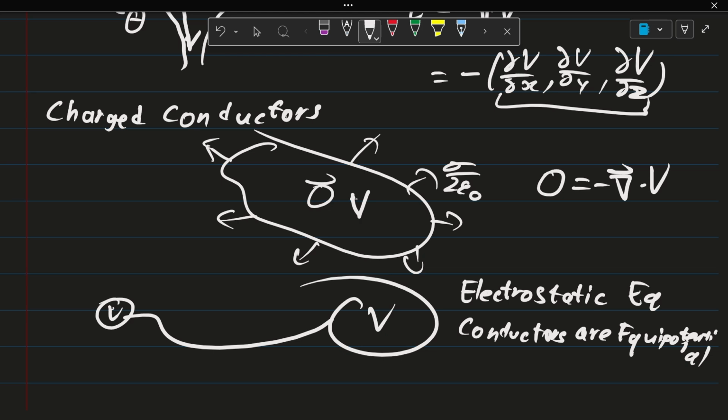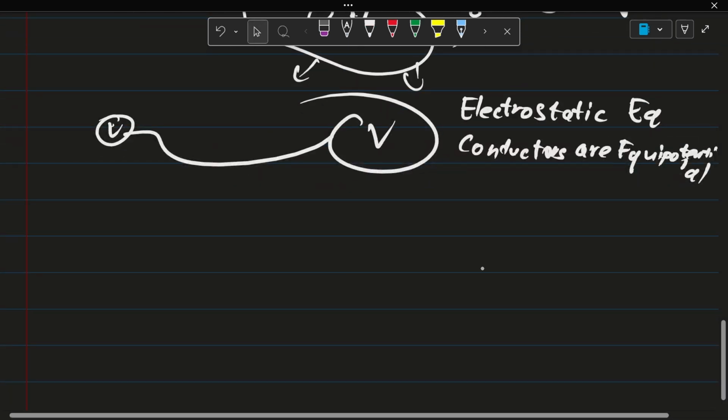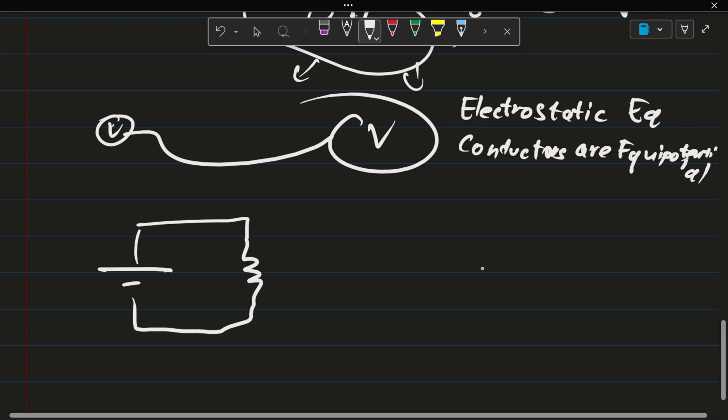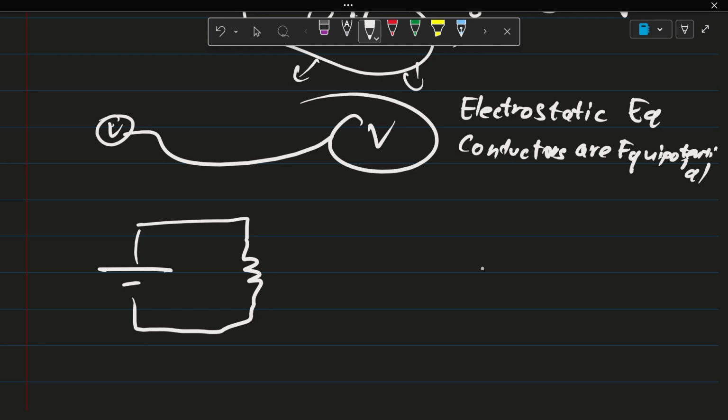Before I end the video, I want to discuss a little bit about voltage as a whole and how to use it in terms of electrical engineering. Normally you would have a battery, and there will be a resistor or something else, and there could also be capacitors as well as inductors.